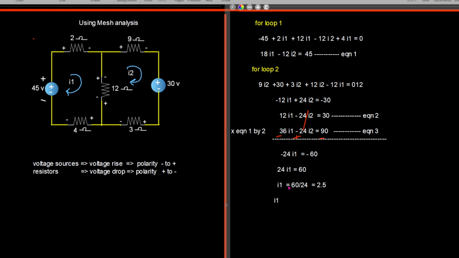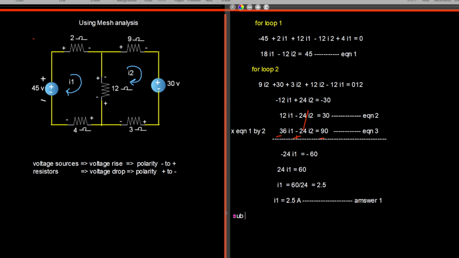So we get the answer I1 is equal to 2.5 amps. It is correct, we got the answer for this. So this is the first answer we get.